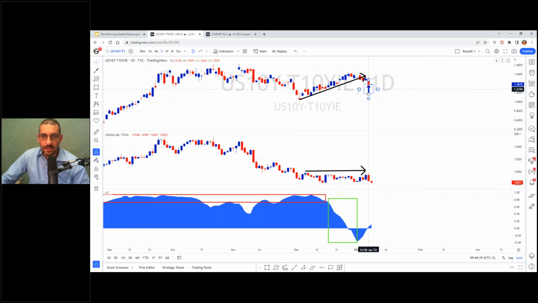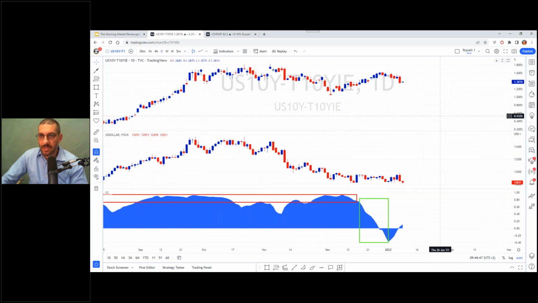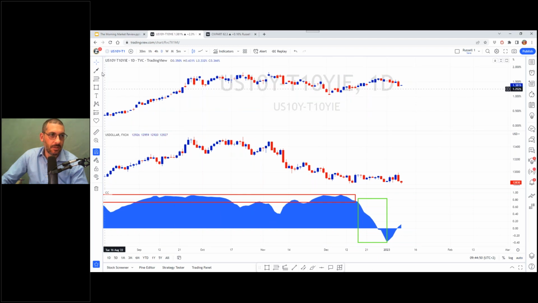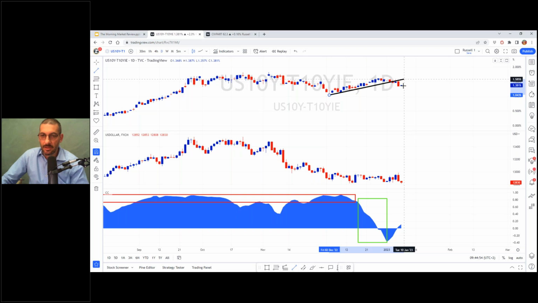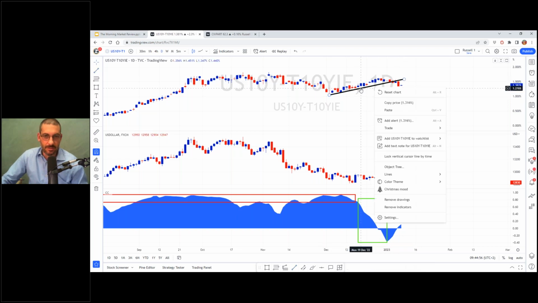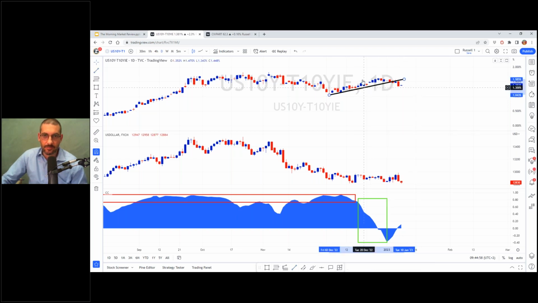This is very interesting to me because, technically speaking, we have a continuation pattern here. We've pointed it out previously: this looks like a flag, and it looks as if it has broken out of a flag.